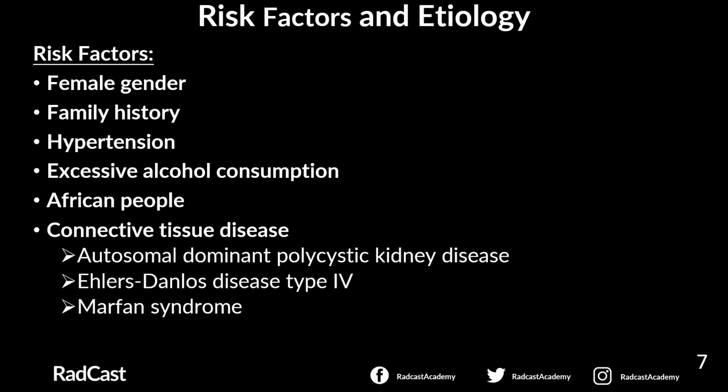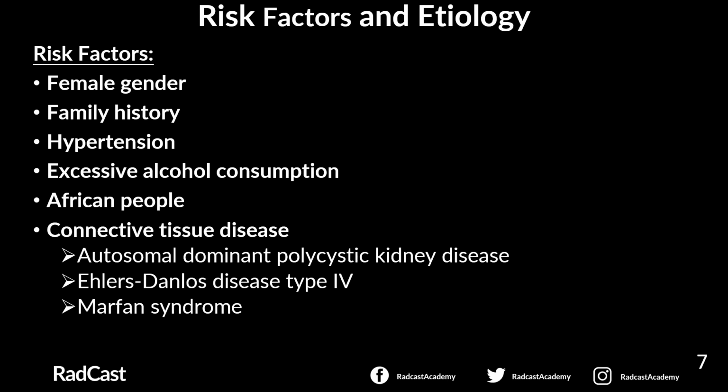Risk factors include: subarachnoid hemorrhage is found slightly more in women. One of the risk factors is presence of a first-degree relative who had subarachnoid hemorrhage. Also, hypertension and excessive alcohol intake have associations with an increased risk of subarachnoid hemorrhage.